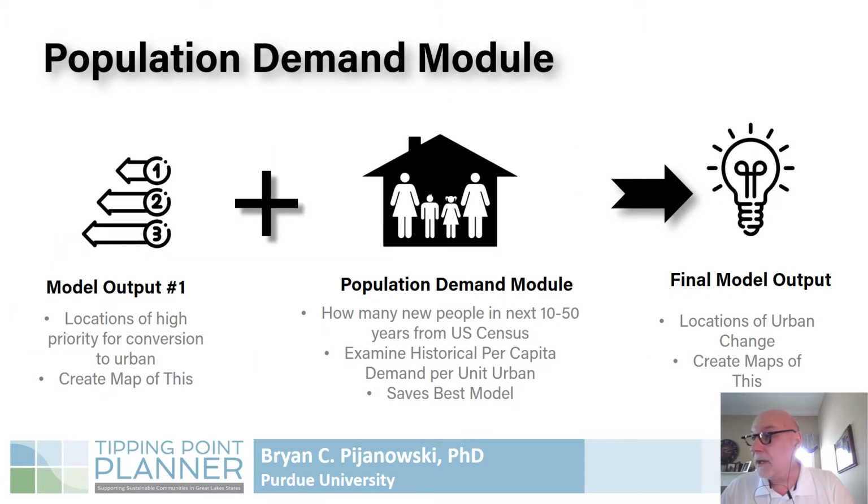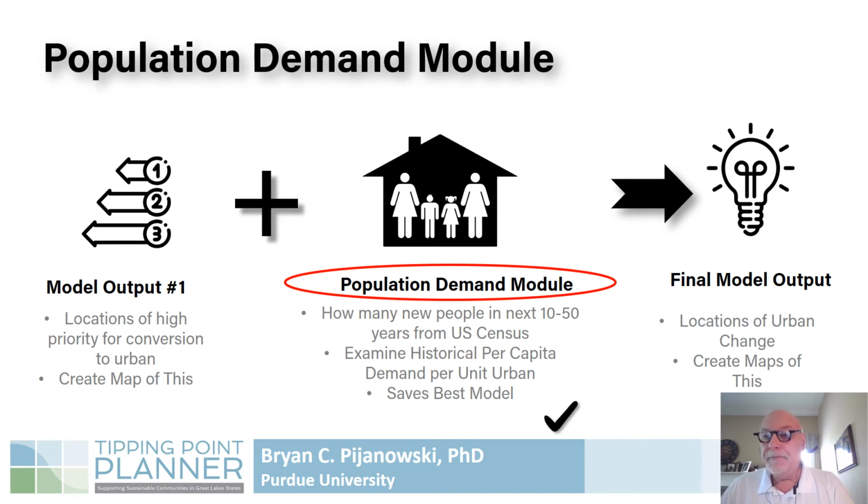Now, how do we forecast that into the future? Well, we have to figure out how many new people will be coming into a community and what that will mean for the amount of urban in that community. We do a historical assessment. We ask the question, how many urban pixels or how many square kilometers of urban is needed for every 1,000 people that move in?